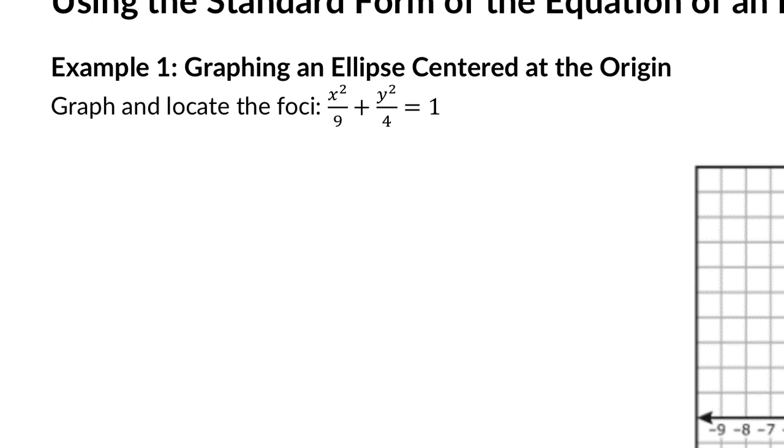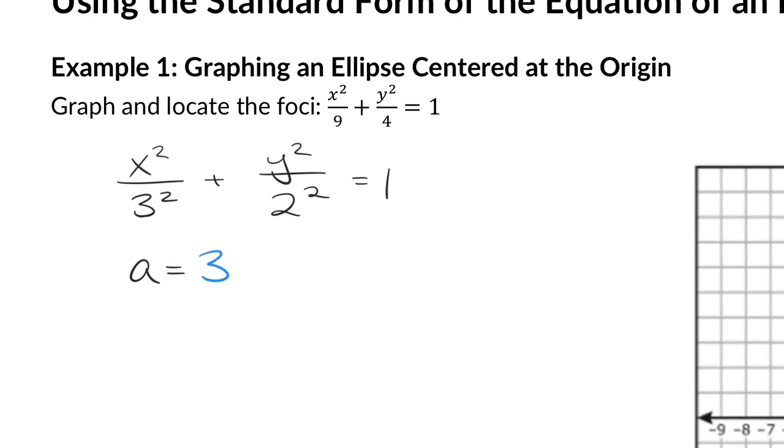So here we go. If we have this formula, x squared over 9 plus y squared over 4 equal to 1, I can rewrite that as x squared over 3 squared plus y squared over 2 squared equal to 1. Which means that since the number underneath x is larger, we know that a is going to be equal to the number 3, and b is going to be equal to the number 2.